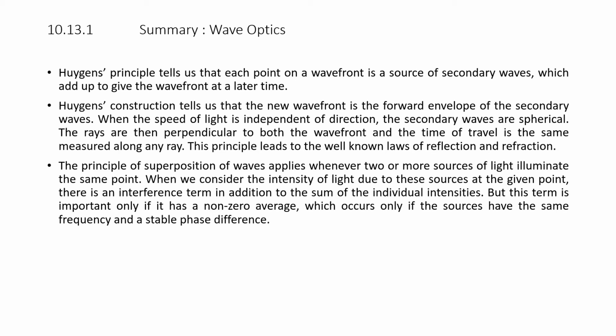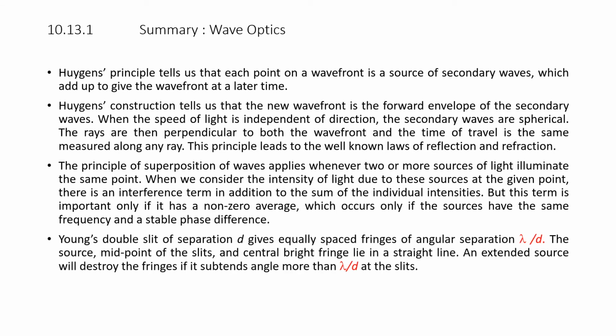But the term is important only if it has a non-zero average, which occurs only if the sources have the same frequency and a stable phase difference. That means the superposition principle is applicable only when the waves have the same frequency and a constant phase difference.